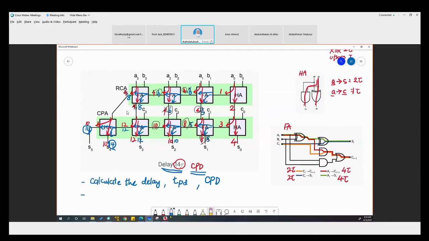And then the question might ask you to trace the path, trace the CPD. So to trace the CPD, let's use green. You can see green here.